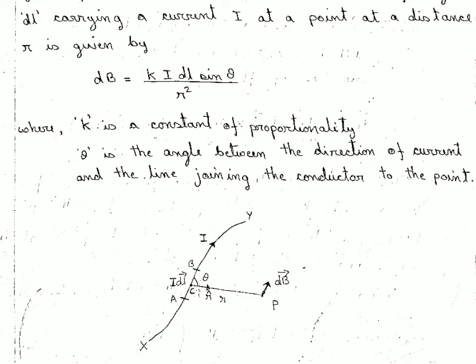So if the current flows in the opposite direction, that is from Y to X, then again you put all your fingers, close your fingers towards r and extend the thumb. Then you'll get the direction of the magnetic field, which is outwards and perpendicular to the plane of the paper. So that is how you find the direction of the magnetic field.